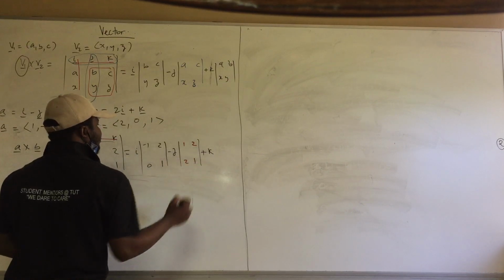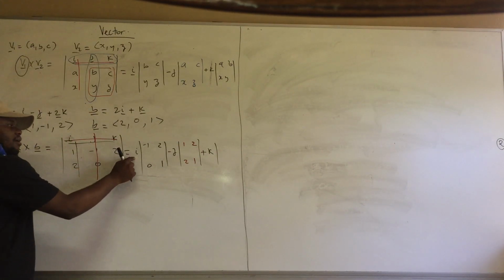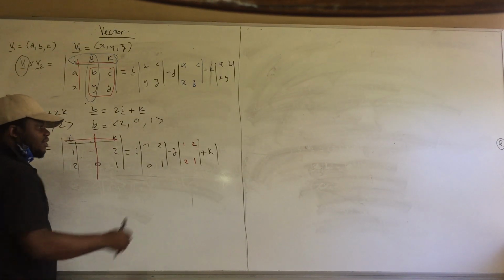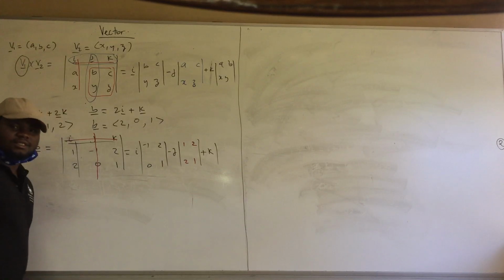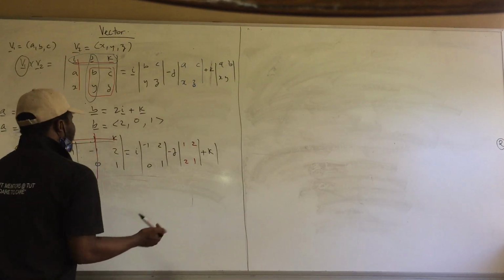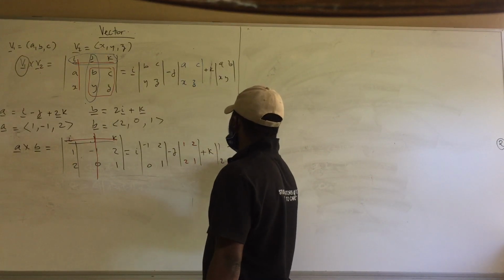Plus K. Notice that my I is always positive, my J is always negative, and my K is positive, alternating. Sitting at K, I will have 1, minus 1, 2, and 0.